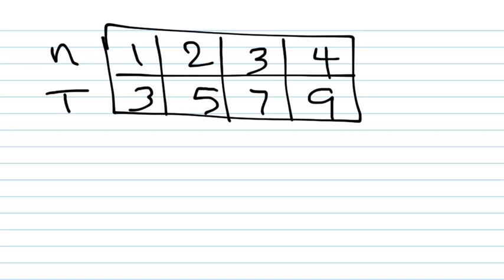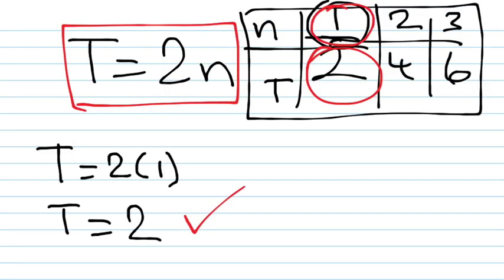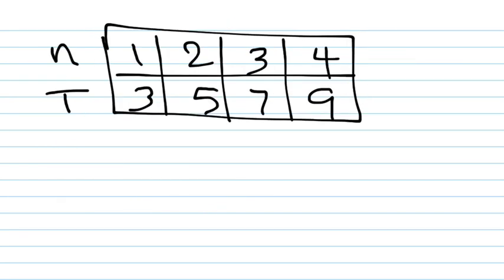So, we want to find a rule for it. So the first step in finding the rule is to what? Find the what? Common difference of the t's. Okay? So, here are t's. So we take 5 minus 3, and you're finding the common difference of the side by side numbers, and we take the biggest number first.